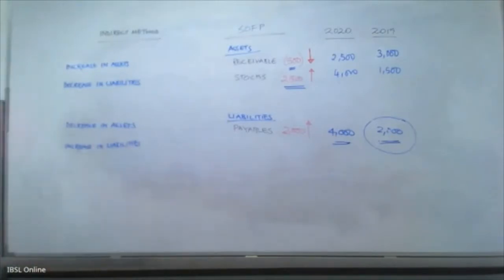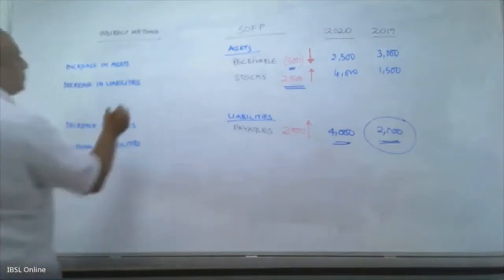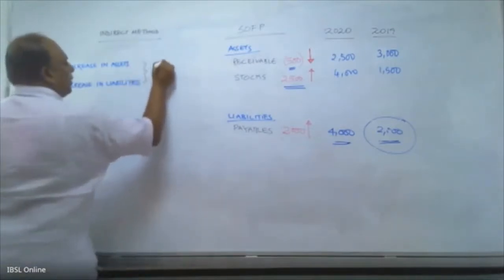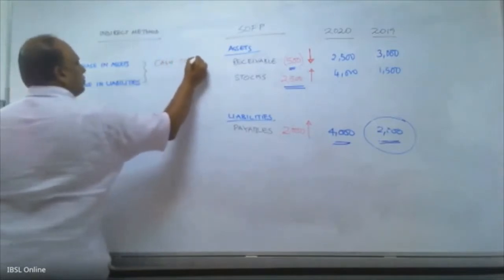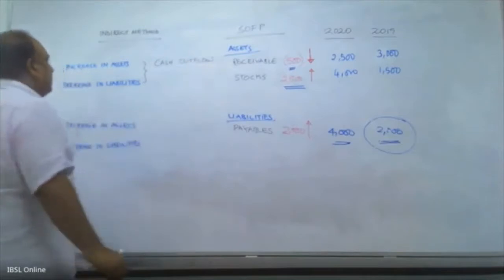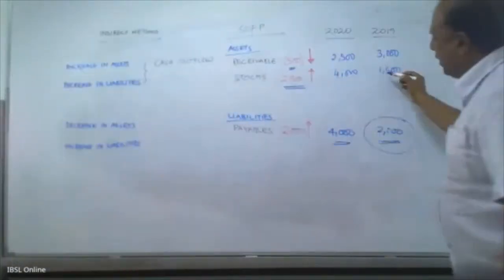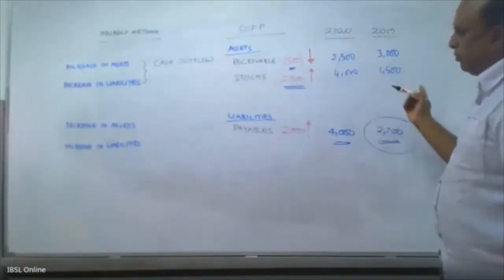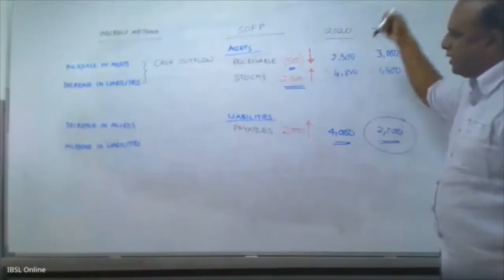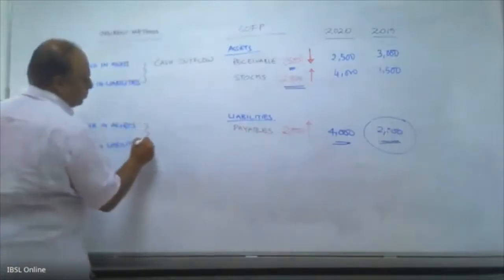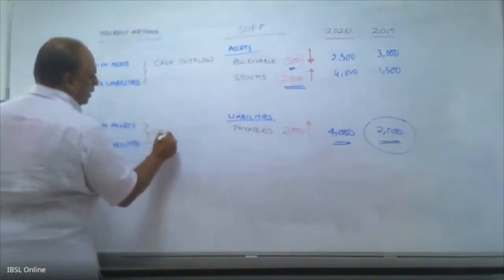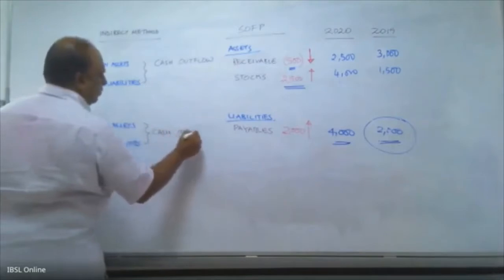Increase in assets and decrease in liabilities is a cash, sorry, cash outflow. I told you, increase in assets is a cash outflow. Decrease in assets is a cash inflow.